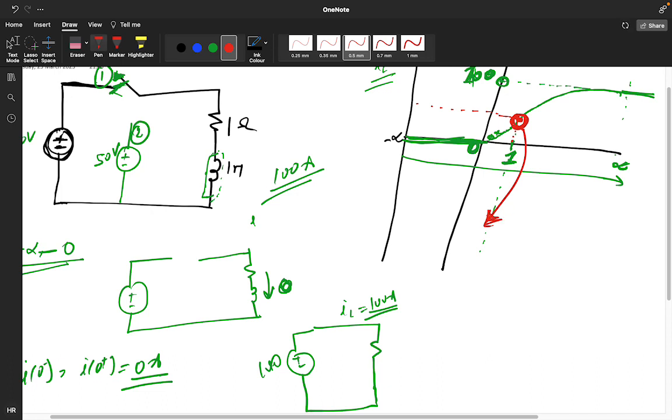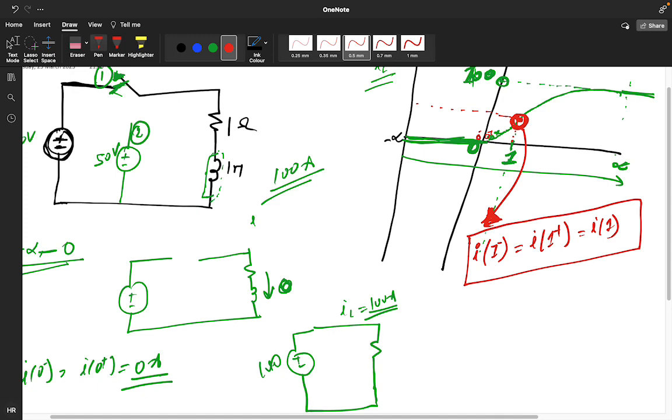So I am writing now I of 1 minus, because inductor will not allow the sudden change of current. So I of 1 minus is equal to I of 1 plus is equal to I of 1. Like here 0 minus is equal to 0 plus. It is becoming our initial value.